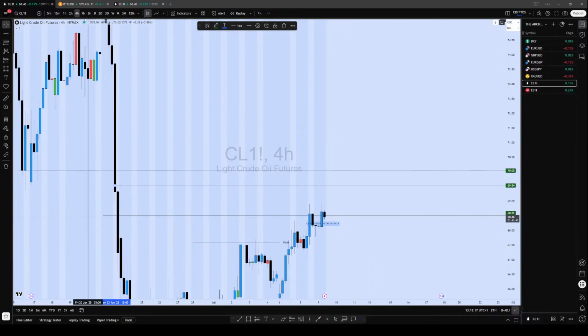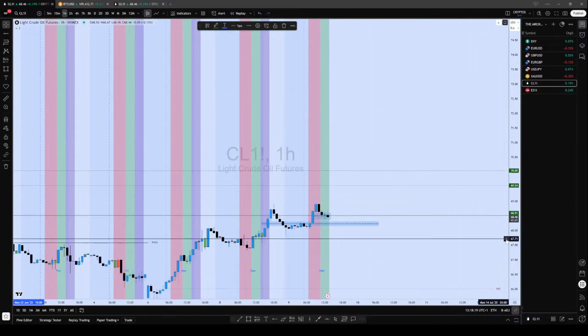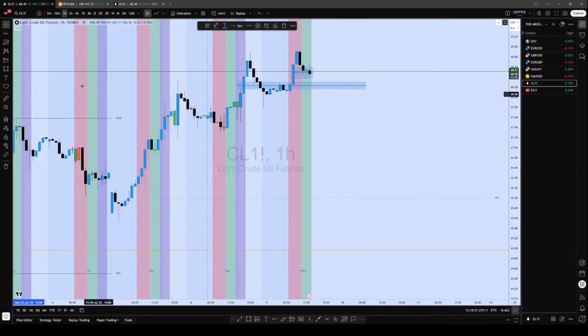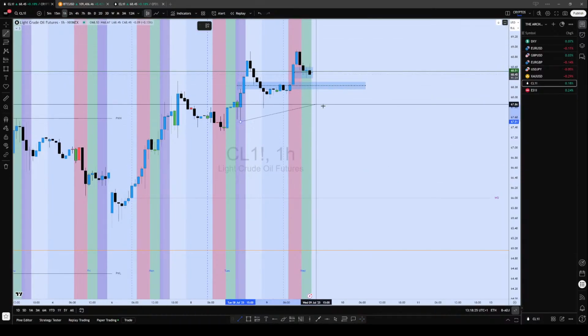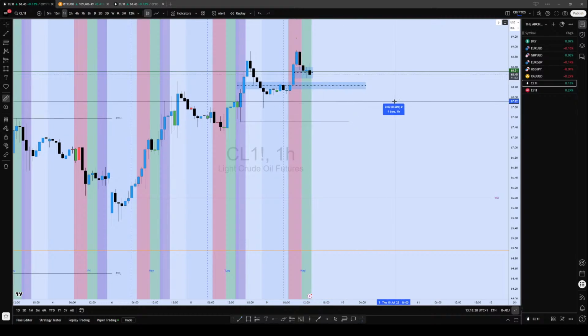So again, this New York session, you're looking for price to go up. Now, your point where price stops being bullish is this candle's low. That comes in at 6752. That is when upside is no more valid.